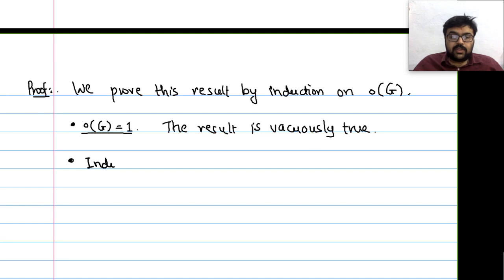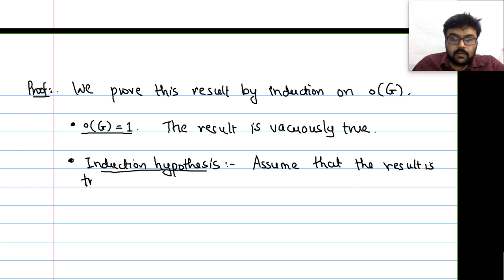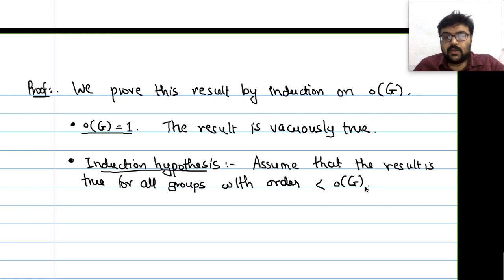And we have the induction hypothesis, in which we assume that the result is true for all groups whose order is strictly less than order of G. This is how we do induction, right?